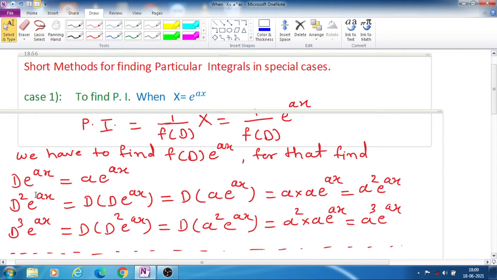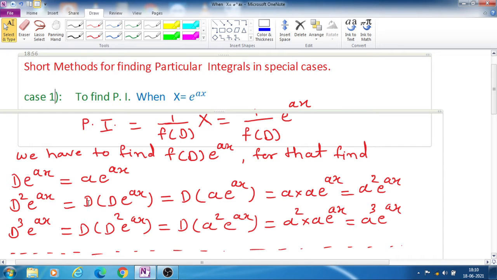So D e raised to ax is equal to, what is D? It is d by dx. Therefore D e raised to ax means d by dx of e raised to ax, or derivative of e raised to ax.